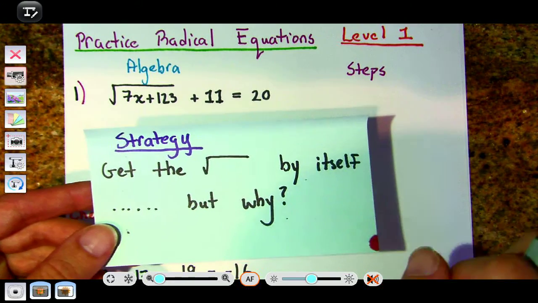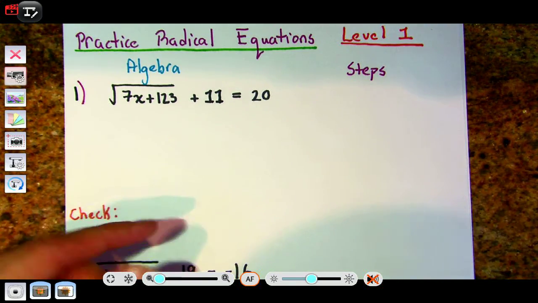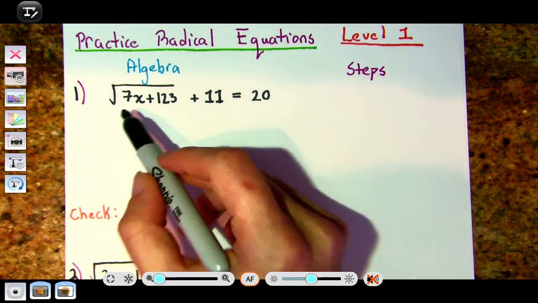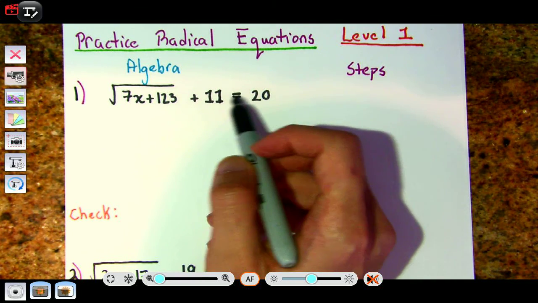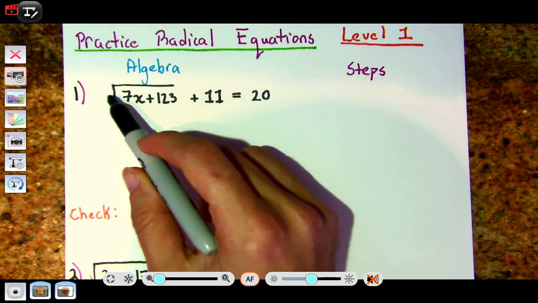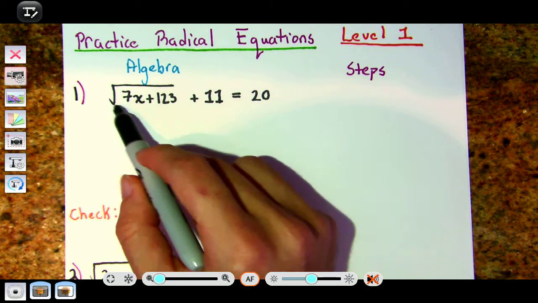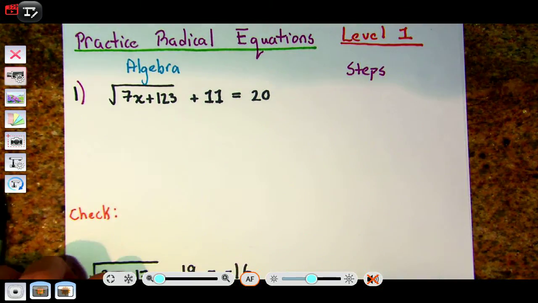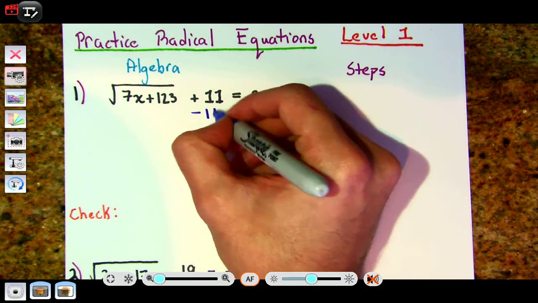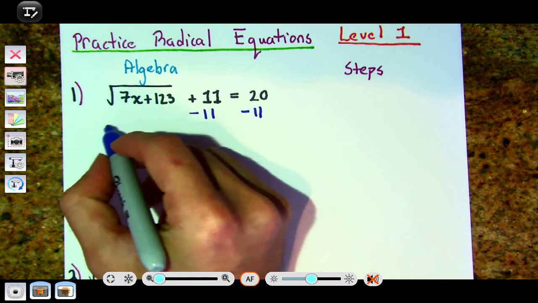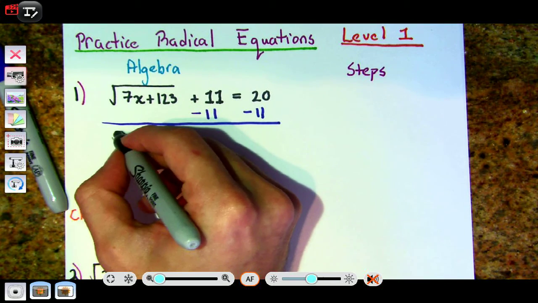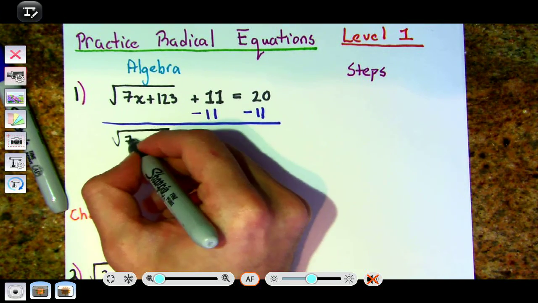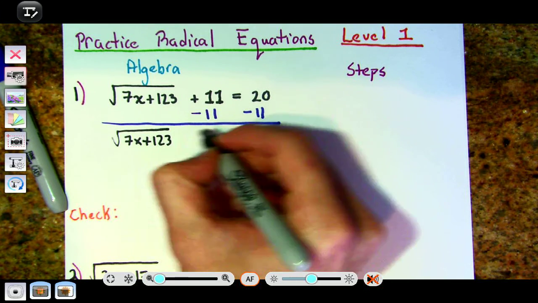So notice that if we have the square root of 7x plus 123 plus 11 equals 20, let's get this term by itself. So what would we do? Let's subtract 11 from both sides. So we have square root of 7x plus 123 is equal to 9.